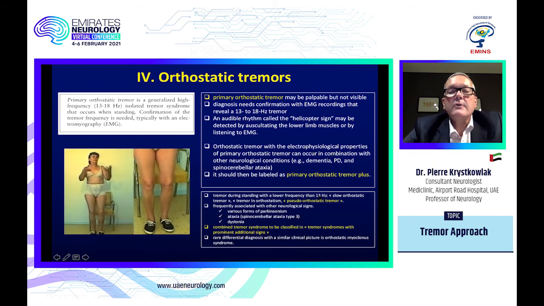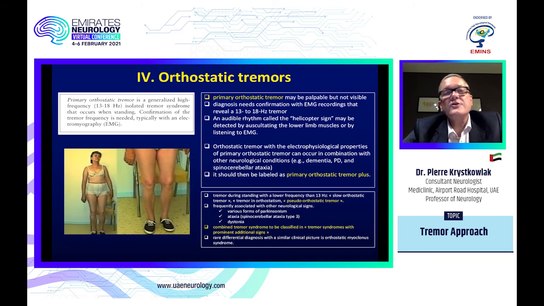It's called slow orthostatic tremor, or tremor in orthostatism, or pseudo-orthostatic tremor. It is associated with other neurological signs, like various forms of Parkinsonism or dystonia. This is a combined tremor syndrome that is classified in tremor syndromes with prominent additional signs, which is the fifth category of tremor syndromes.